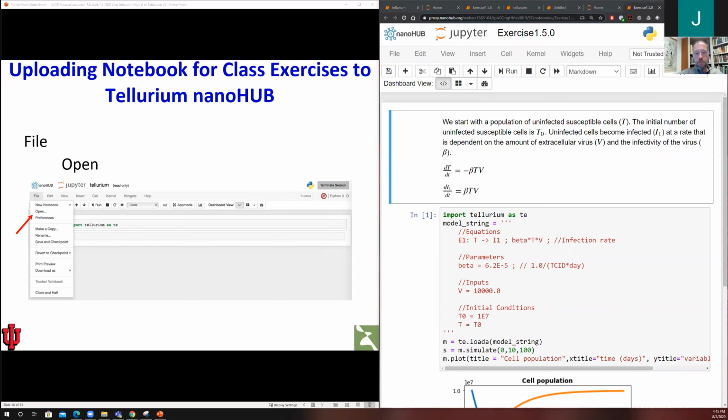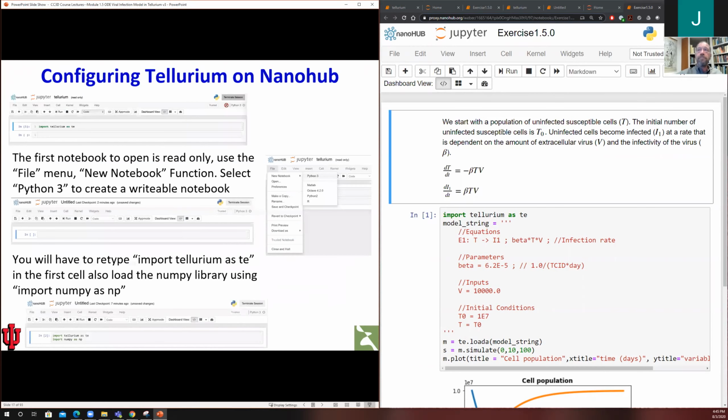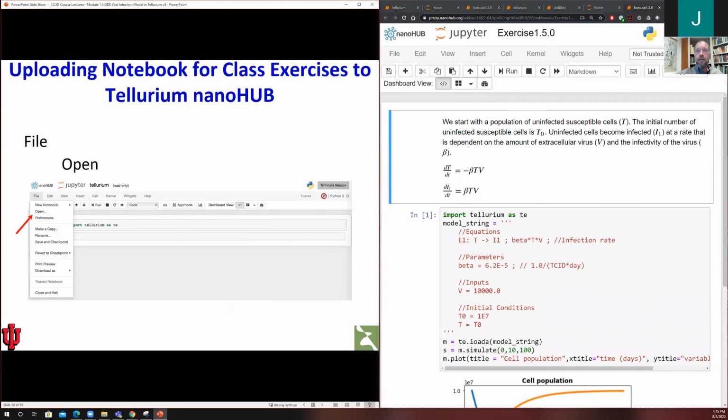Could you go through that load procedure again? You went through the file menu so quickly that I don't think anybody got where they're supposed to be getting this file from. Okay. So you've got Tellurium launched.